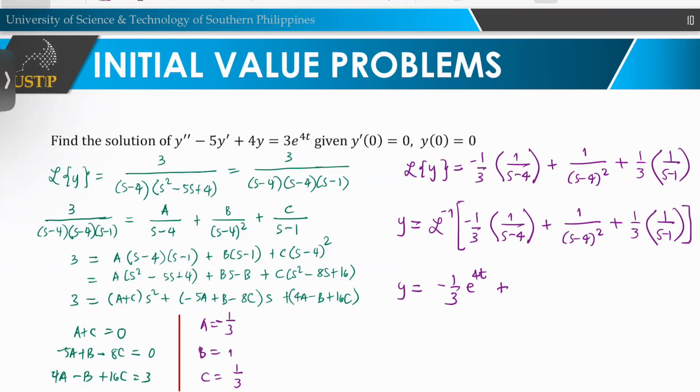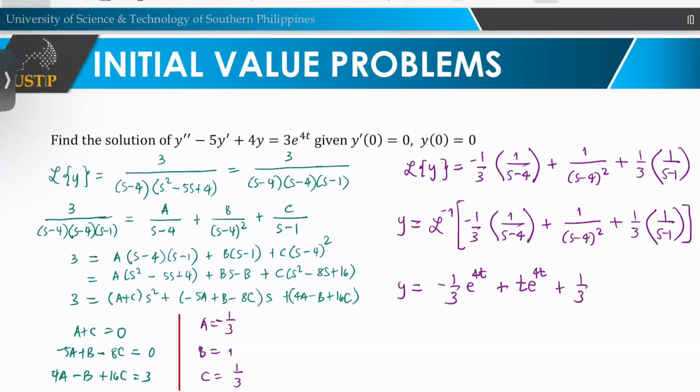So that means, ang t, paki-review ang inverse transform or ang shifting theorem. So, ang t, multiply mo e to the 4t, kay nag-shift ang imuhang s squared ngadto sa s minus 4 squared. Alright? Plus, 1/3 times 1 over s minus 1 is just e to the t. So, this is now your solution to your differential equation.